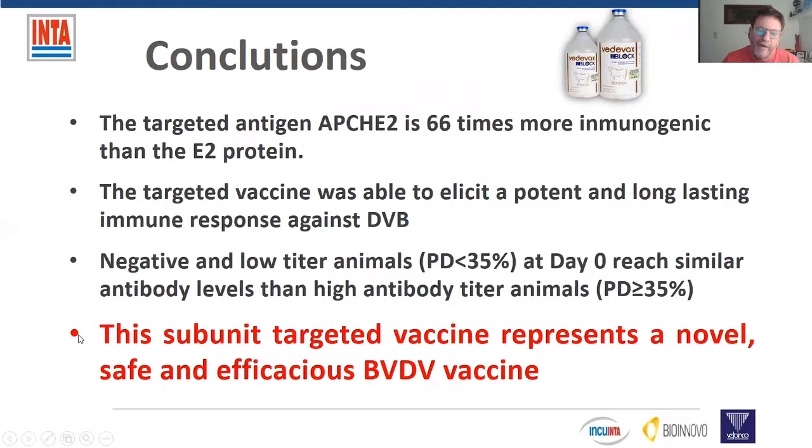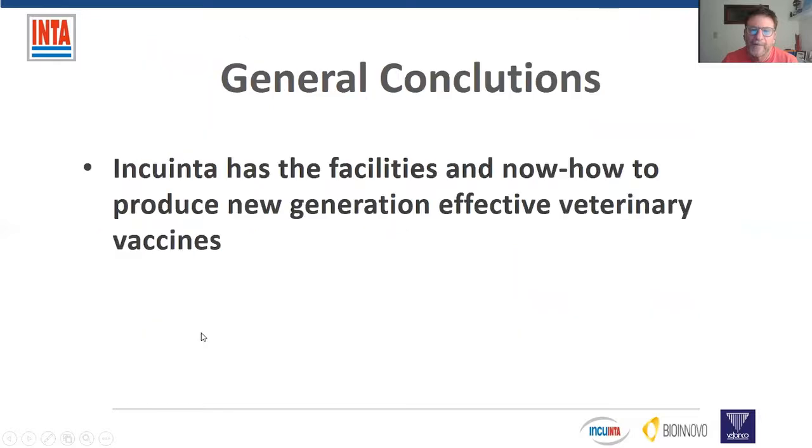And finally, this subunit target vaccine represents a novel, safe, and efficacious BVDV vaccine. And as a conclusion of both presentations, we can say that INTA has the facilities and know-how to produce new generation effective veterinary vaccines.